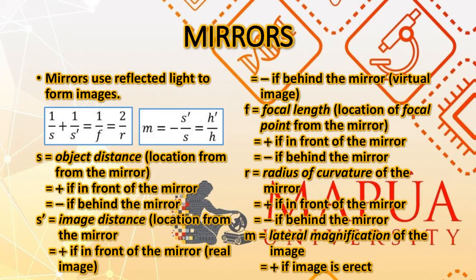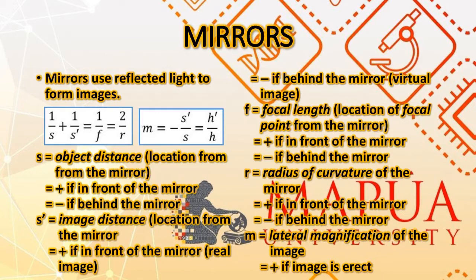Now, s may be negative. This might be applicable to a system that has more than one optical element. The system might be comprised of more than one mirror or more than one lens or a combination of mirrors and lenses.